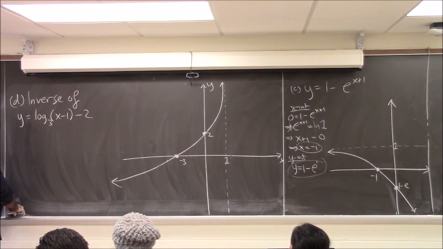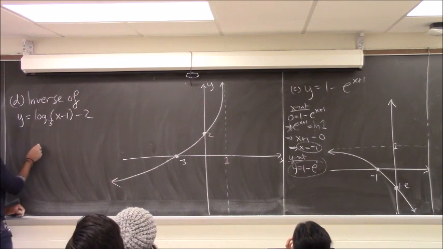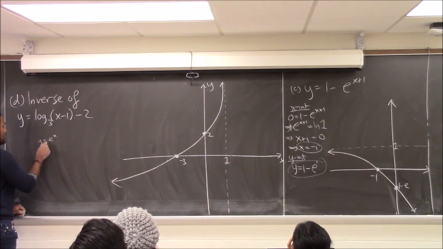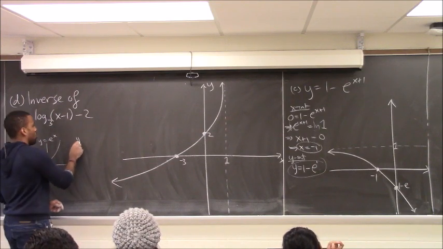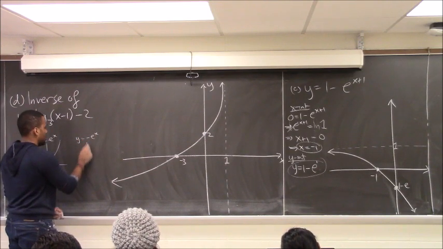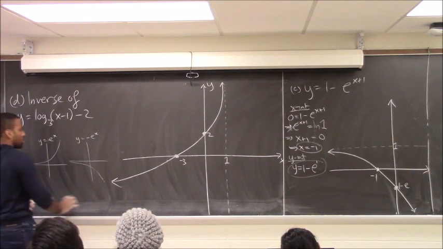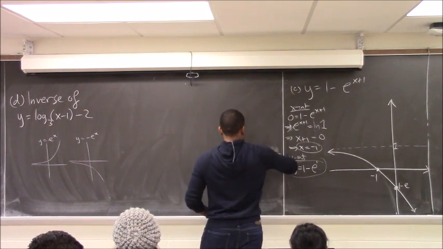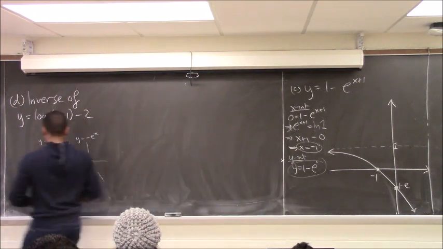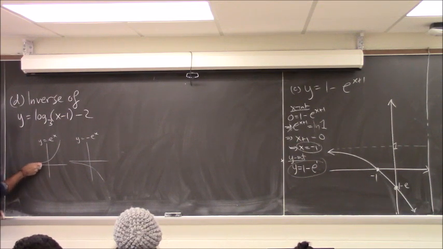Yeah? How do you know your asymptote was like that? Oh, because I know y equals e to the x looks like this. So if I have y equals minus e to the x, it's going to flip upside down. So remember, for the exponential, the asymptote is actually at level 0.